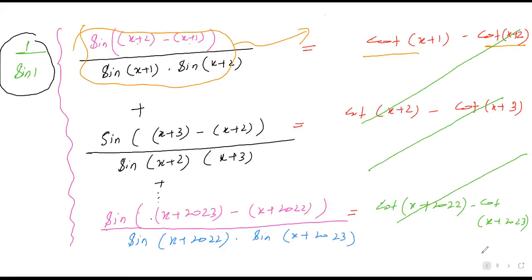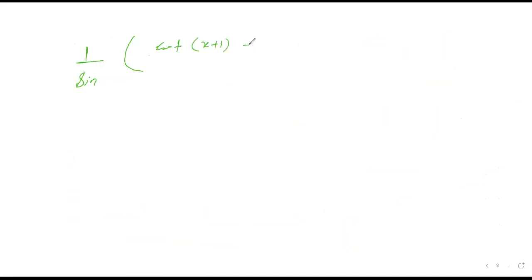Now your final integrand is in this format: 1 upon sine 1 integral, inside the bracket you have to write cot of x plus 1, and your final term is minus cot of x plus 2023.